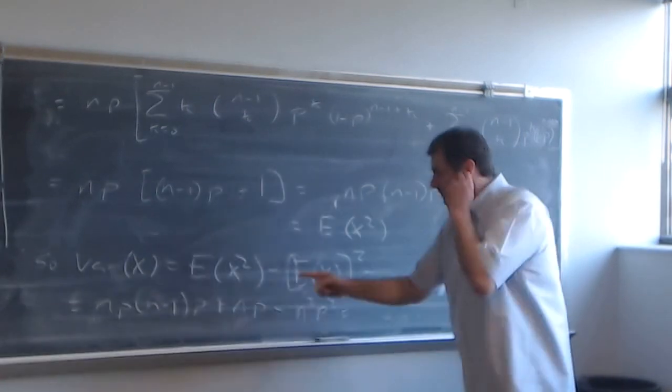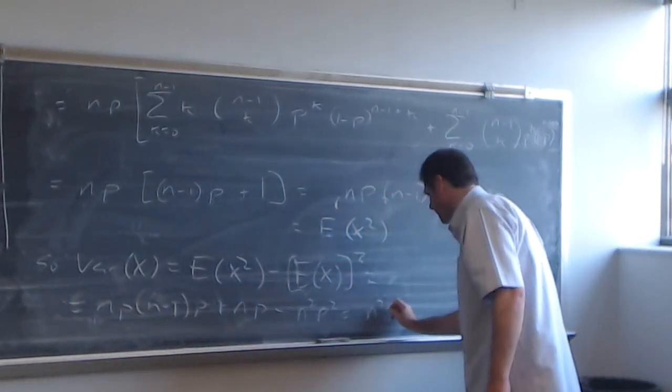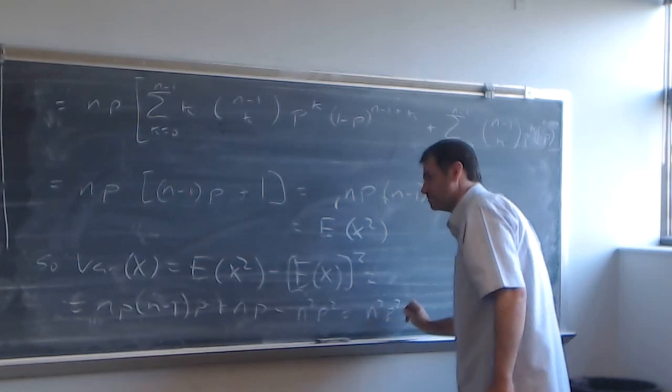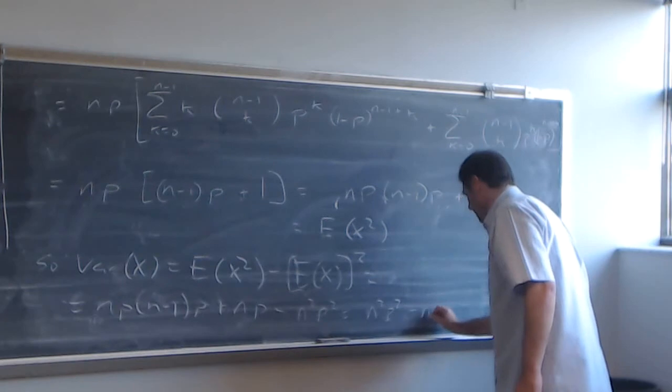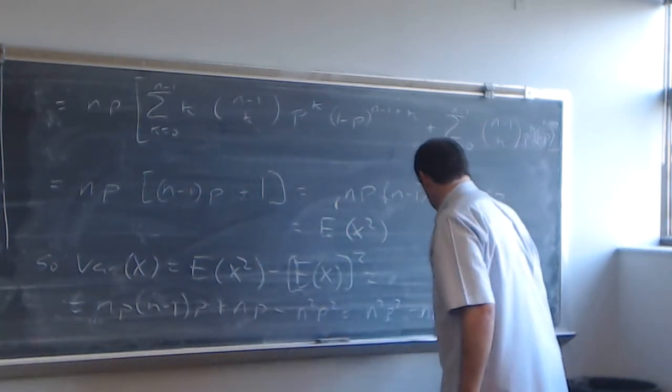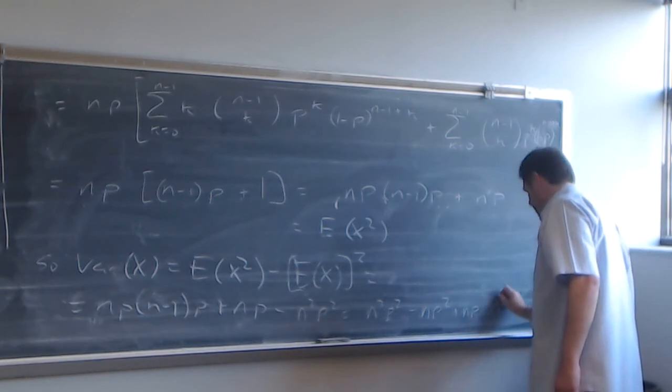So this is going to be n squared p squared minus np squared, plus np minus n squared p squared.